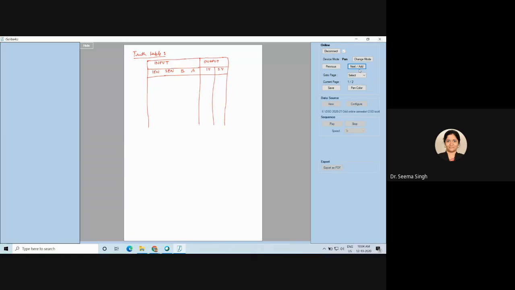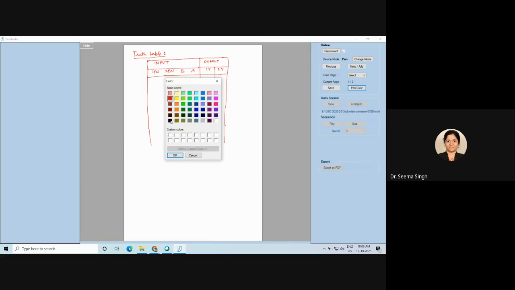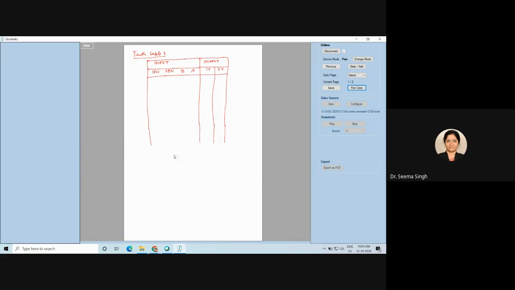Okay. Now, 4 inputs means how many rows will I have?